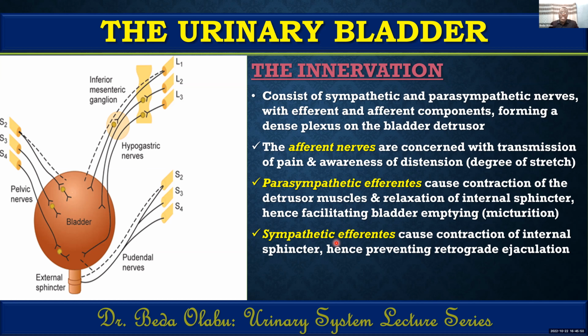So tightening of the internal urethral sphincter by sympathetic stimulation is very vital, especially when a man is having orgasm, so that it prevents ejaculation into the urinary bladder instead of exterior. Perhaps it's for the same reason, therefore, that ejaculation is generally a sympathetic response, so that when the sympathetic stimulation is promoting ejaculation, the internal urethral sphincter also contracts so that the semen does not enter the wrong direction.